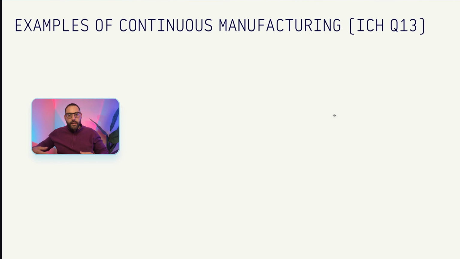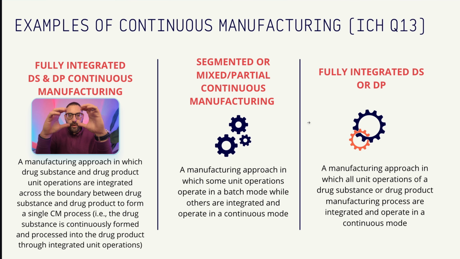When I first learned about continuous manufacturing conceptually, I kind of thought of a flow of a process where everything is all in one, and you start with your input materials and you end up with finished product. But ICH Q13 recognizes that continuous manufacturing can happen in different forms. So the first one is where you have drug substance and drug product together, and you're forming your drug substance and it's getting processed into drug product immediately.